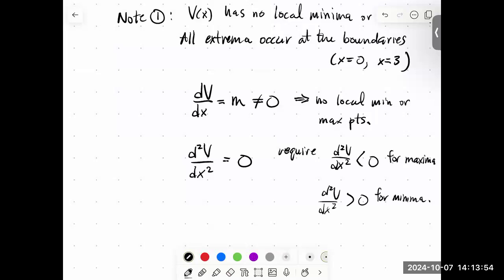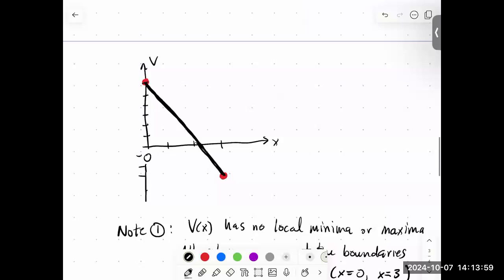The other thing I want to note is if we go back to our picture, and let me just pick an arbitrary value of x. And so maybe I pick a value of x that sits here. And I go up and I find the value of the function at that value of x, and so it sits here. Okay, so what I'm going to do is I'm going to go to some point x plus a.